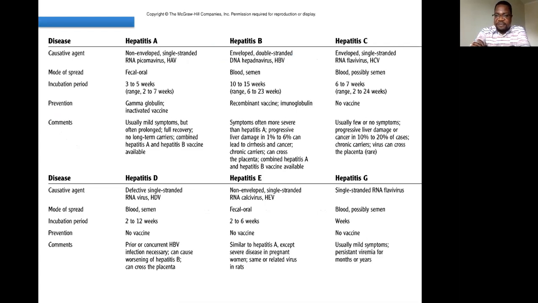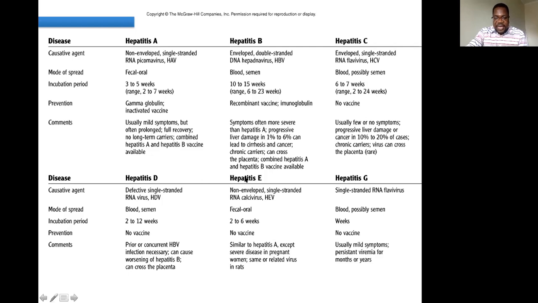So in terms of the virus that is causing these conditions, for hepatitis A, the causative agent is a non-enveloped, single-stranded RNA virus that belongs to the family of picornavirus.